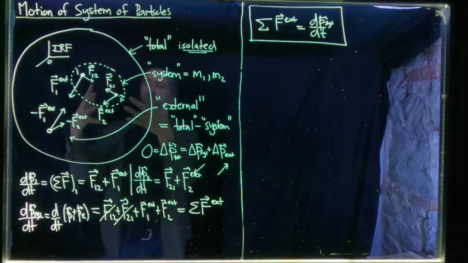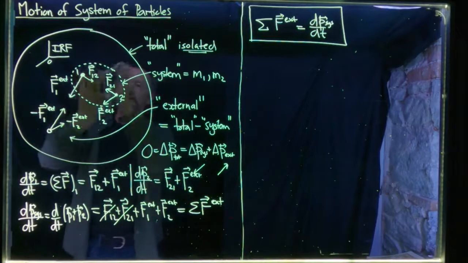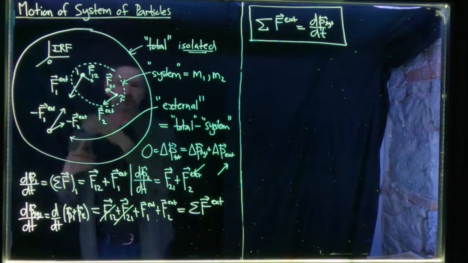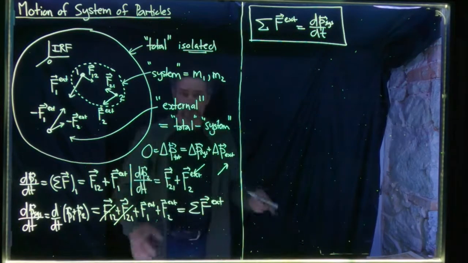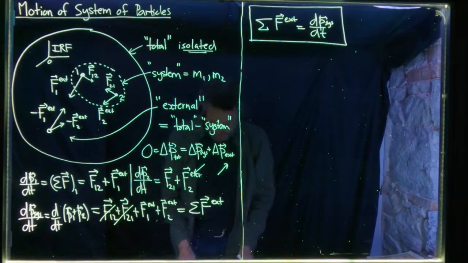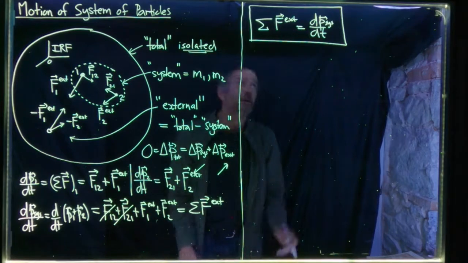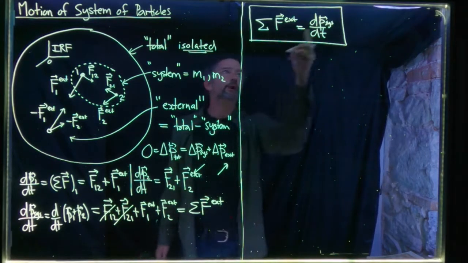Is there some kind of a way that we can describe the motion of our system of particles in an average sort of way? Okay, and so that's what we're going to get at now. And it has to do with this concept of position of center of mass and all that kind of stuff. So in order to get at that, we just rewrite this equation.